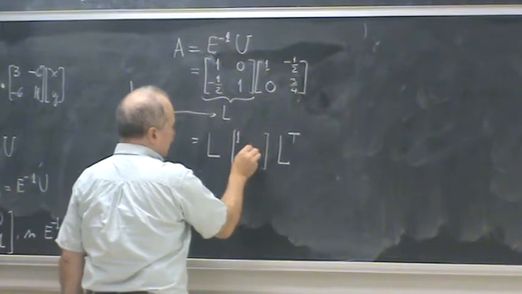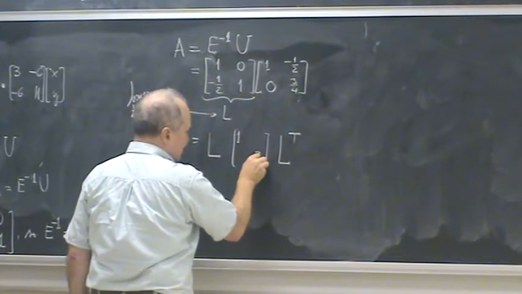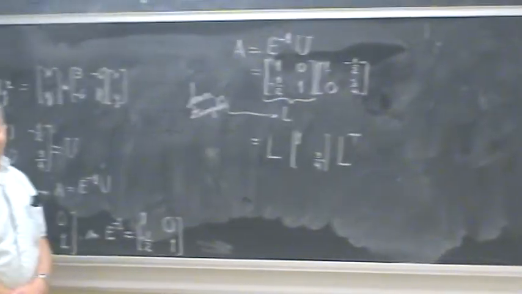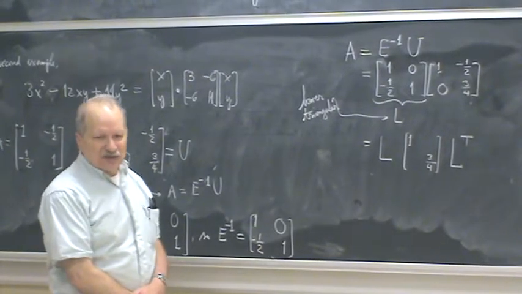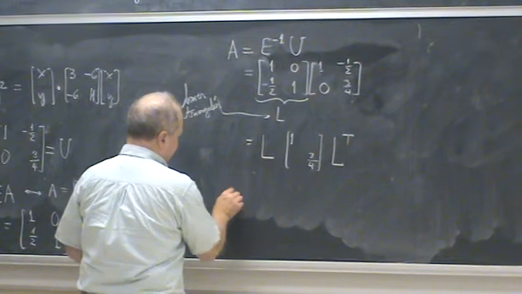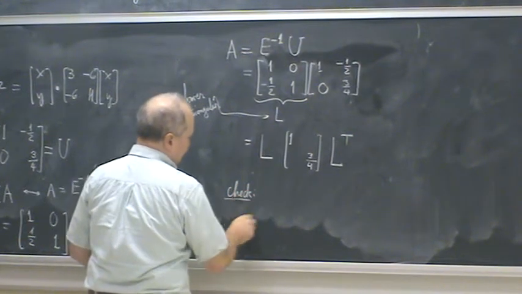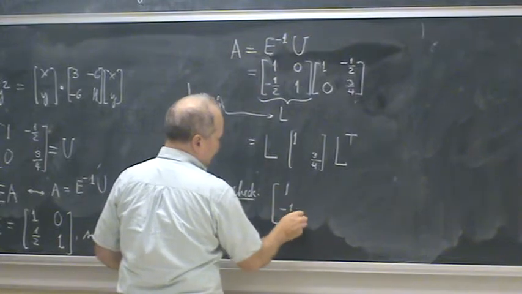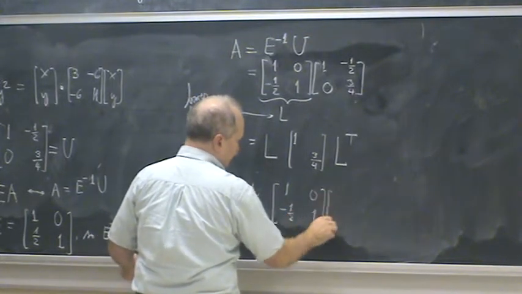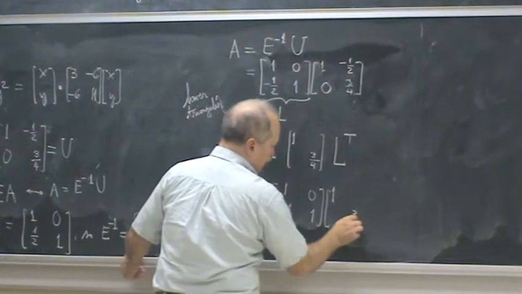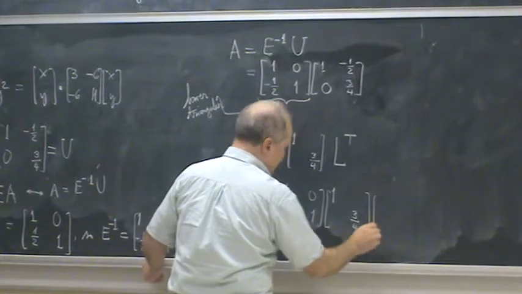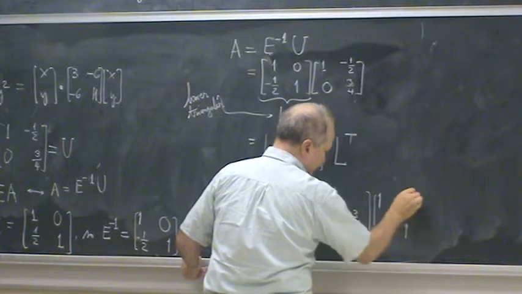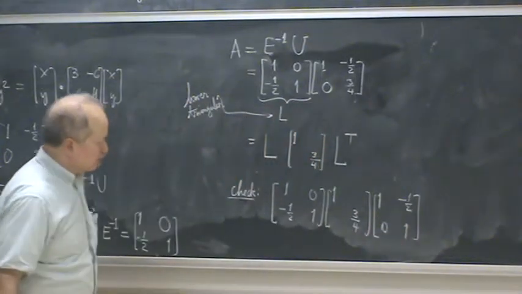Well, the matrix in the middle that will allow me to fudge the 3/4 is the diagonal matrix with 1, 3/4. You don't believe me, you say. Well, let's check it. Put the 1, put the 3/4, and then put the transpose of L here. And let's actually multiply this out.